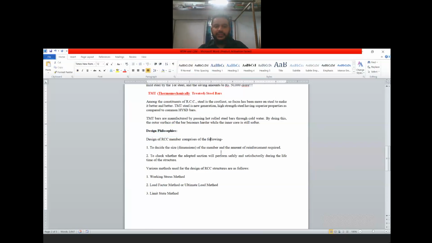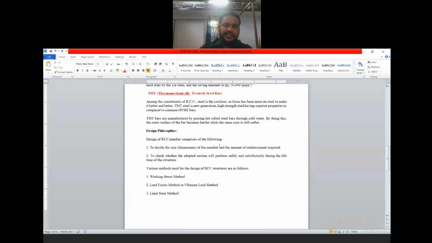Design philosophies means you can see here: design of RCC member comprises of the following. Why do we need to design the RCC members? If you are going to construct a building, first you have to design the various parts. But why? There are mainly two reasons.